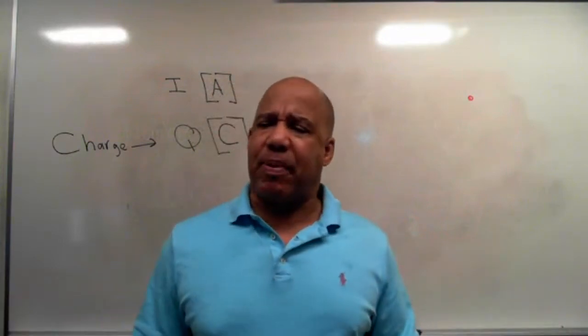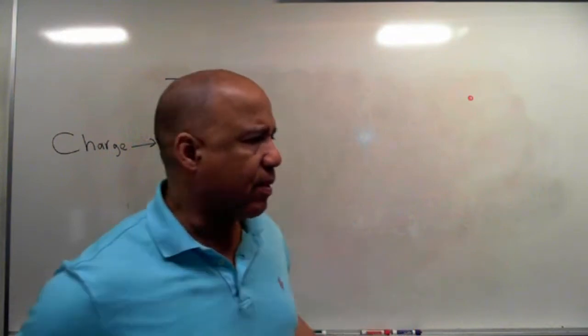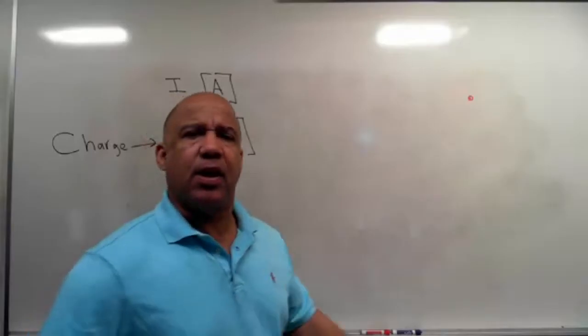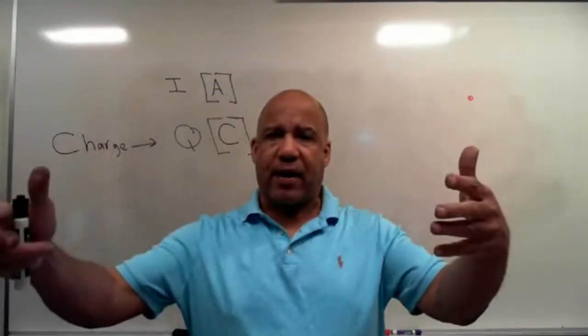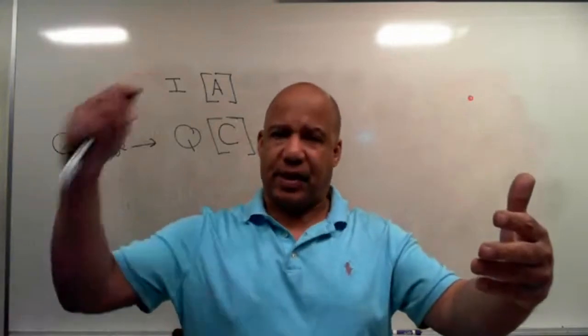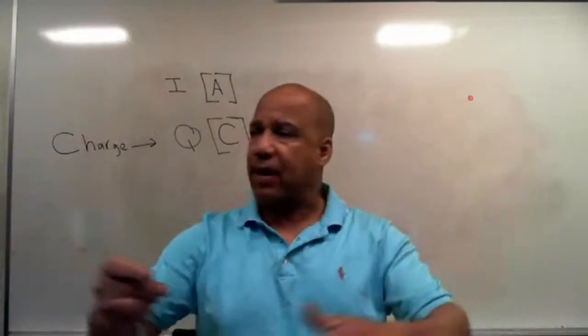I don't know how many cigarettes are in a pack. Anybody smoke cigarettes? How many cigarettes come in a pack? 20. So when they package cigarettes, 20 cigarettes equals 1 pack. So 12 eggs is a dozen. 20 cigarettes is a pack.